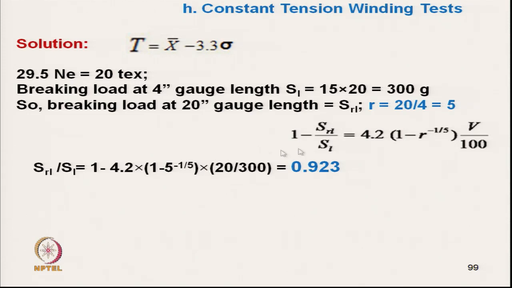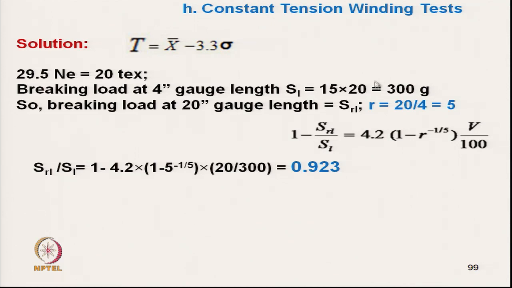So, SL by SRL equals 1 minus 4.2, and we bring this to the left-hand side. We will just interchange 1 minus 4.2, 1 minus 5, r equal to 5 to the power minus 1. And this value, CV% by 100, means the standard deviation by the mean value.